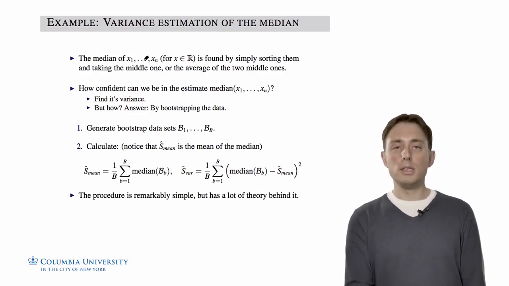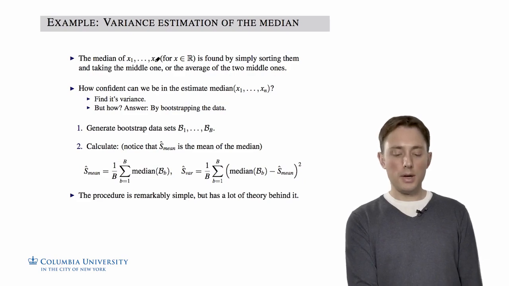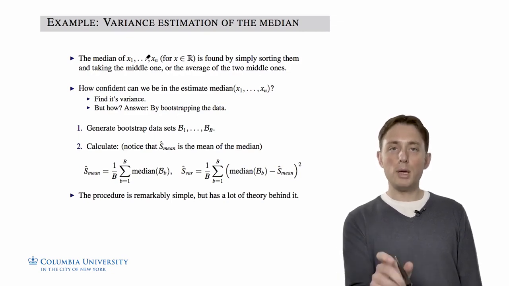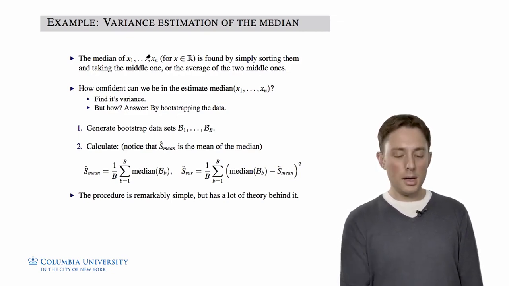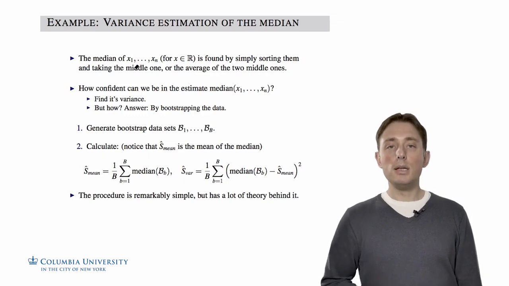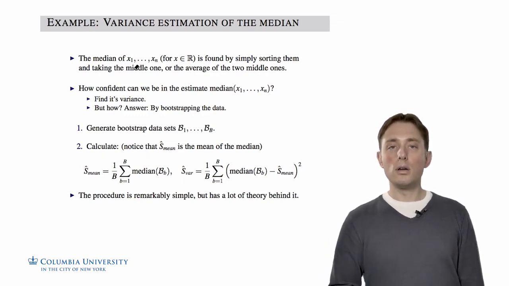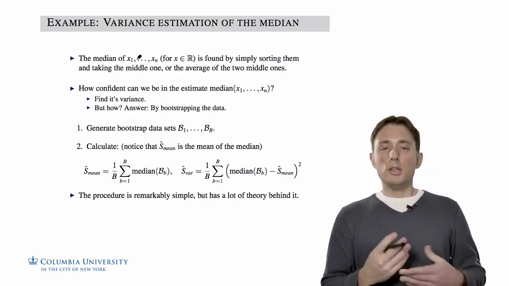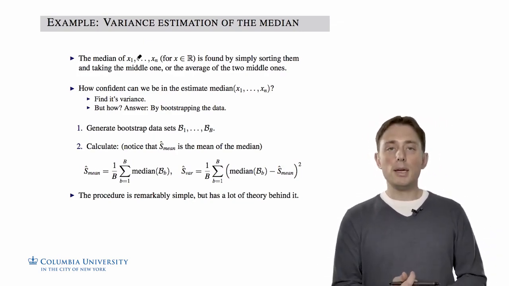The way that we do this is we simply sort these values in ascending order, and then we pick the middle one, or if there's an even number of data points, we pick the average between the two middle ones. And then that's our estimate of the median of the underlying distribution that generated this data set. So the issue is, how confident can we be in that estimation?